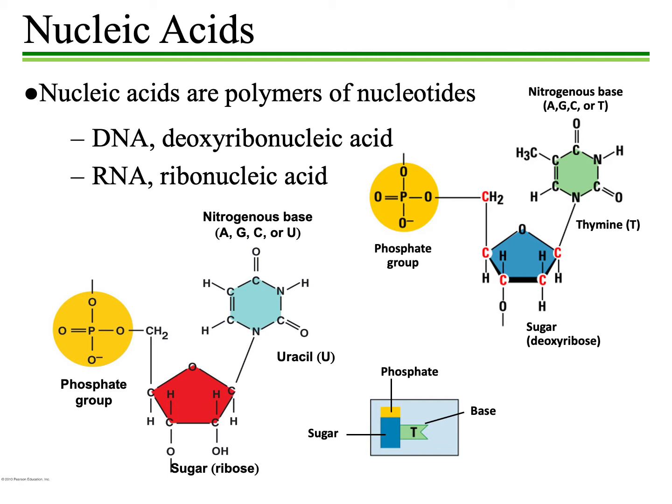For the RNA nucleotide in the bottom right, the first thing I want to focus on is the sugar. The sugar is a 5-carbon sugar known as ribose, and the sugar in DNA nucleotides is also a 5-carbon sugar known as deoxyribose.